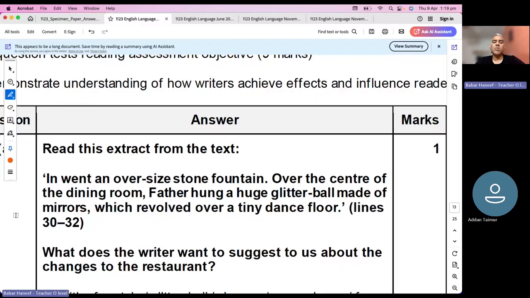And what does the writer want to suggest to us about the changes to the restaurant? So, what changes have been made there in the restaurant? Look at the image.